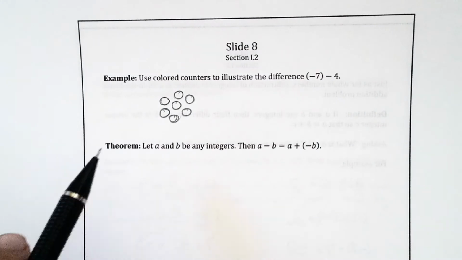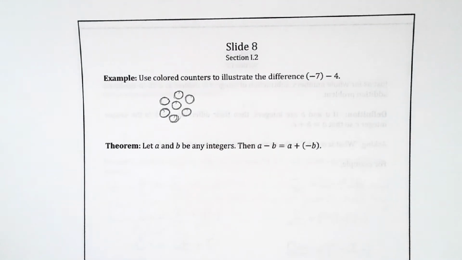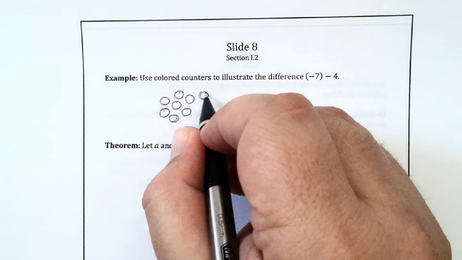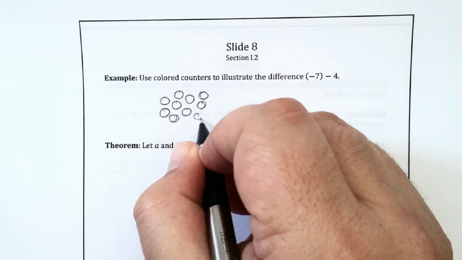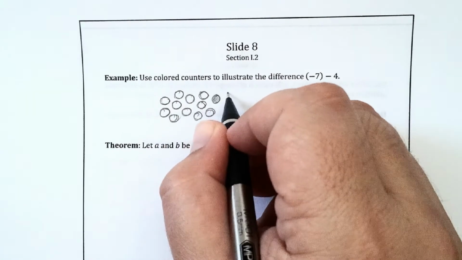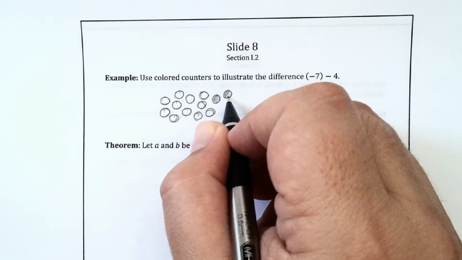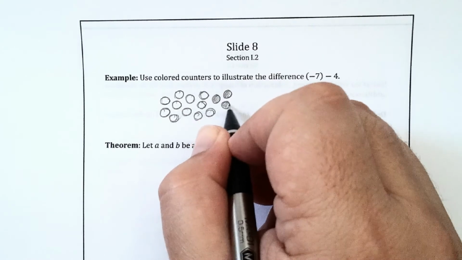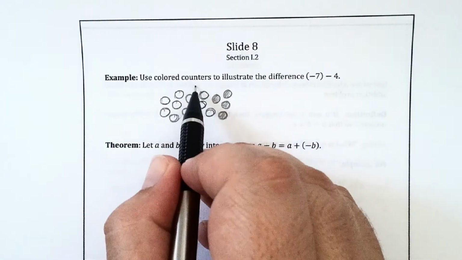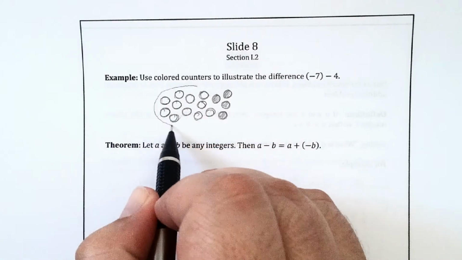But this representation does not have enough black counters. So I just need a representation of negative 7 that has enough black counters to take away. The easiest way to do that is probably to use 11 white counters and 4 black counters. See, 11 white and 4 black, what does that represent?